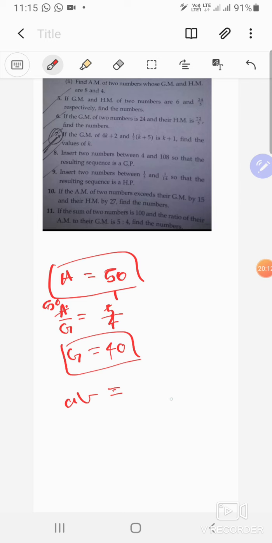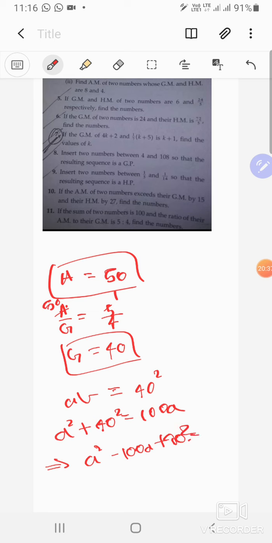And the sum is 100, so this multiplies by A. So A squared plus AB, which is 40 squared, equals 100A. So that gives me A squared minus 100A plus 40 squared equals 0.